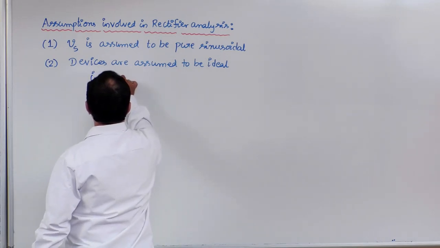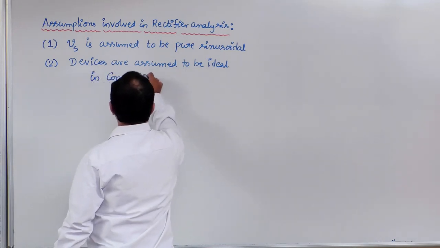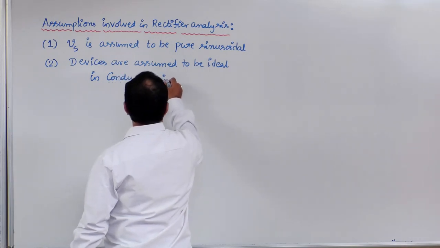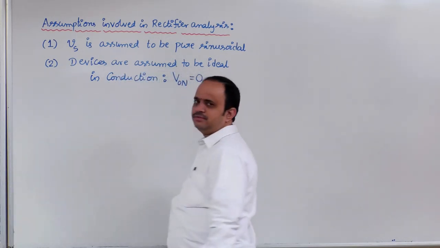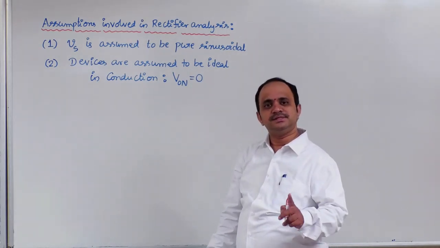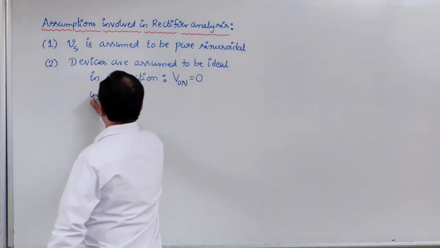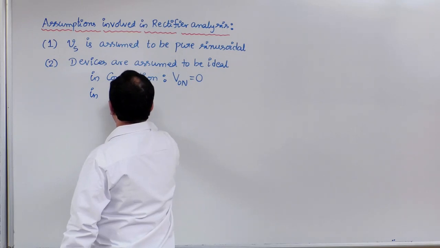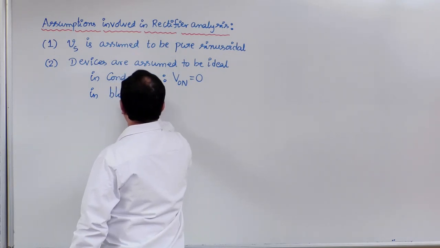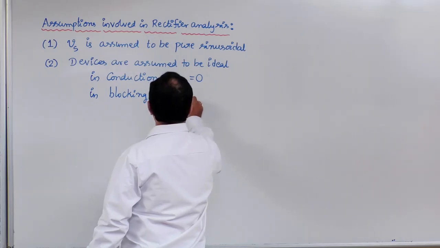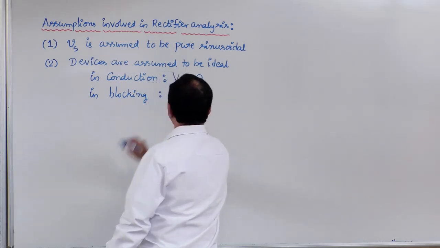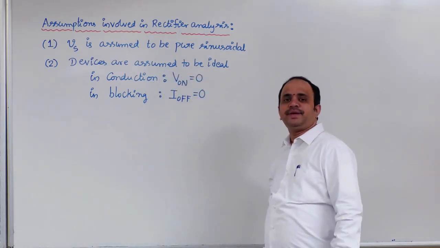In the conduction state, the forward voltage drop will be assumed to be 0. In the blocking state or turn off state, the leakage current through the devices will be assumed to be 0.